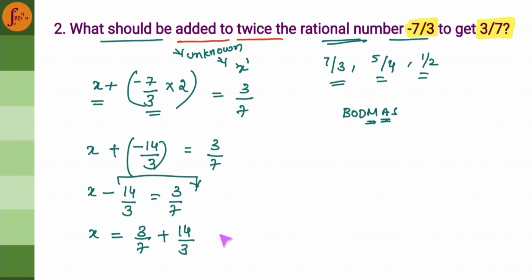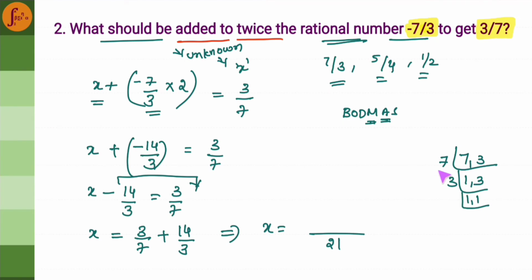And this is going to be, so LCM of 7 and 3 is 21, right? 7 ones are 7, 3 ones are 3. So you multiply 7 into 3, 21 is the LCM. Now, in 7 tables, to get 21, we'll have to multiply it with 3. 7 into 3 is 21.